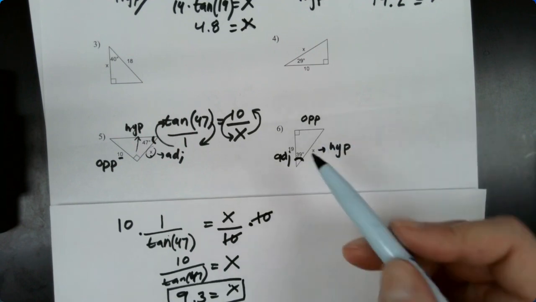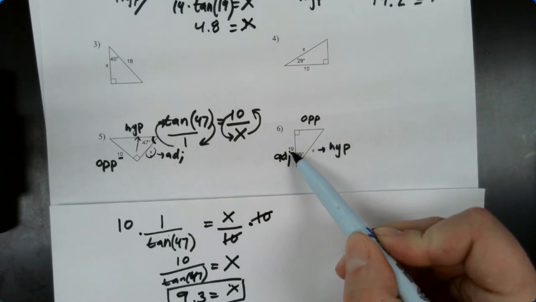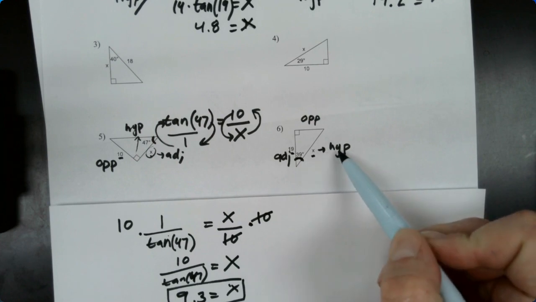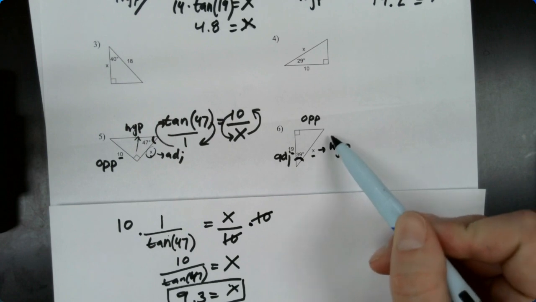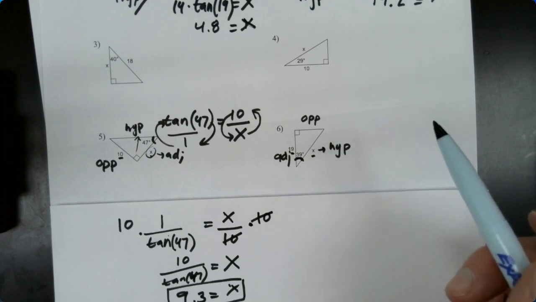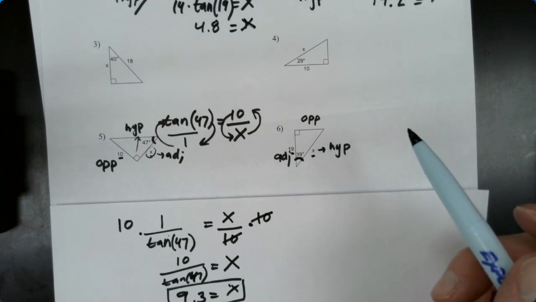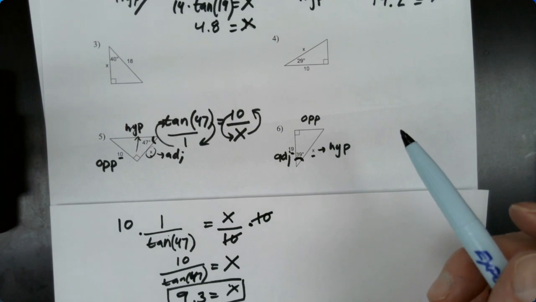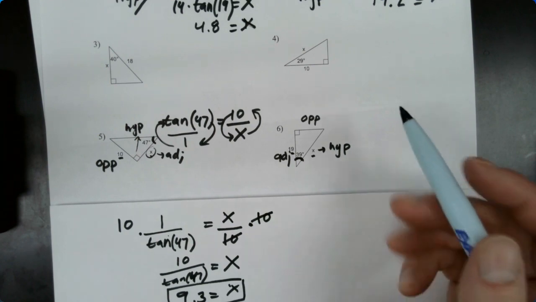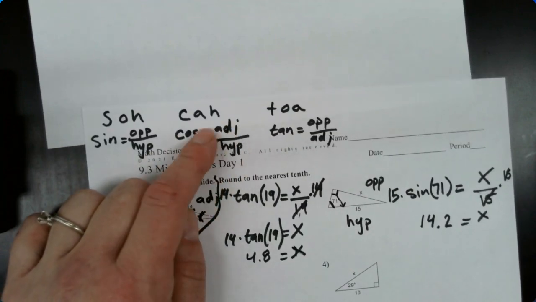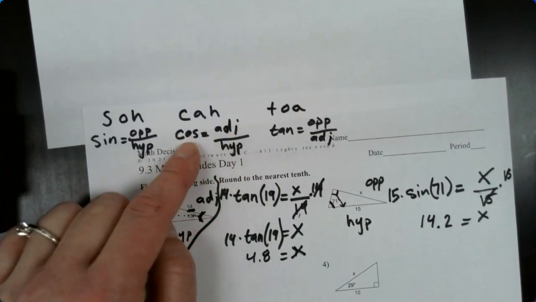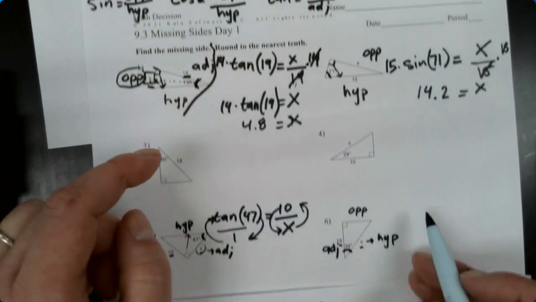So again, we have a number on the adjacent side and an x on the hypotenuse. We need a relationship that relates the adjacent side and the hypotenuse. So look at the relationships, the sine, cosine, tangent. Good, cos. Cos relates the adjacent and the hypotenuse, so we're going to choose cosine.